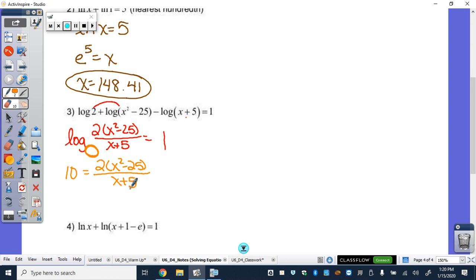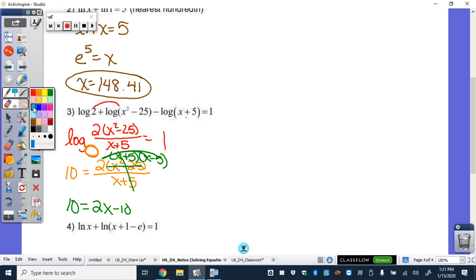Now somebody already noticed x squared minus 25 is difference of two perfect squares, so how would that factor? So then our x plus 5s cancel. So we have 10 equals 2x minus 10, because 2 times x, 2 times the minus 5, 2x minus 10. Add 10, divide by 2, 10.